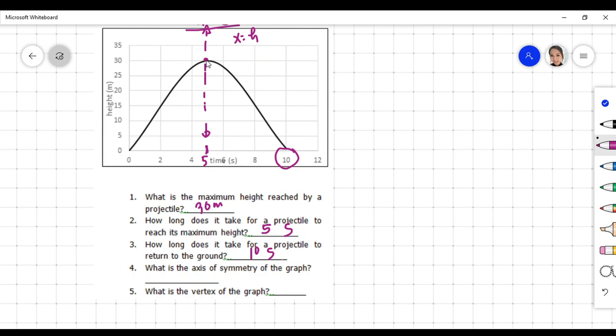So if this is our vertex here, the h, which is 5 for the x, and then the k, or the y, which is 30. Okay, so our axis of symmetry is x is equal to 5.